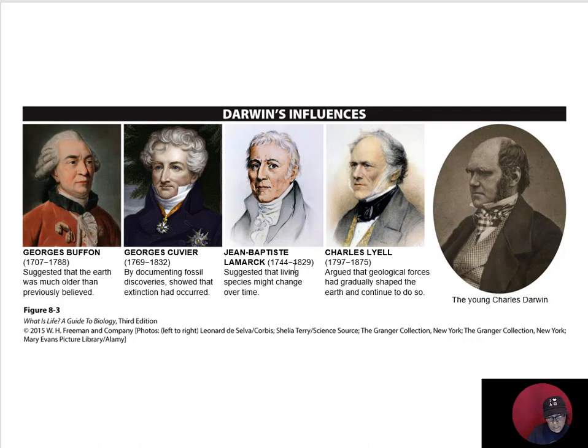And he was reading the works of Charles Lyell, who was arguing that geological forces had gradually shaped the earth and were continuing to do so. Okay, so those were Darwin's influences.